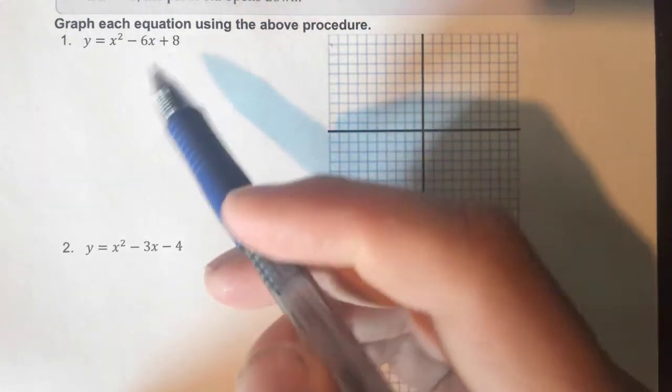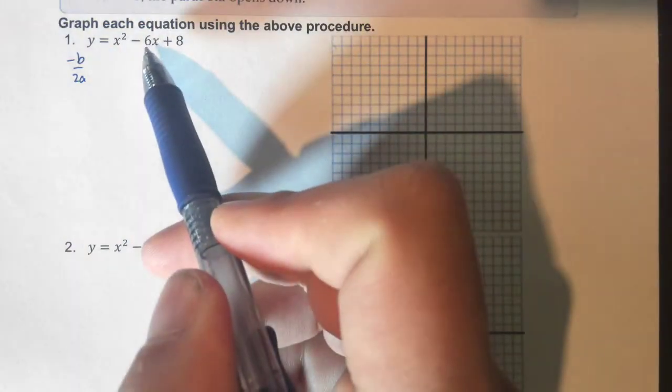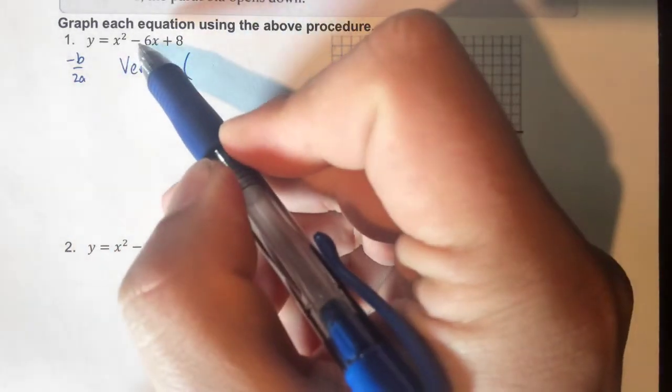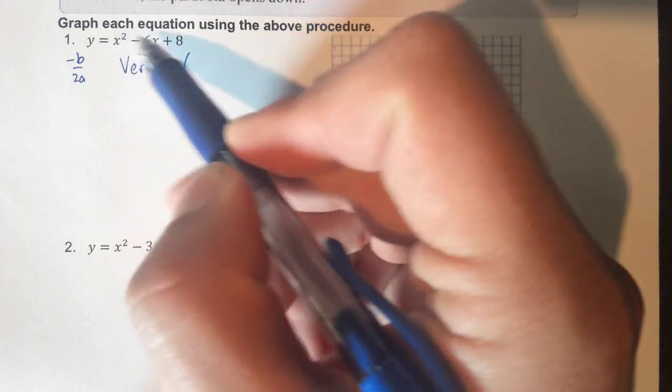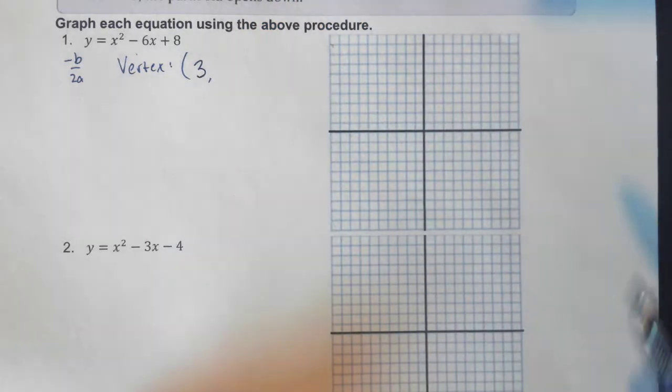So the first thing we're going to do is find the vertex. So that's the opposite of b over 2a. So the opposite of b would be 6, so vertex, 6 would be the opposite of b over 2 times a. Remember, a is 1, so 6 over 2, it would be 3 for my first part of my vertex.